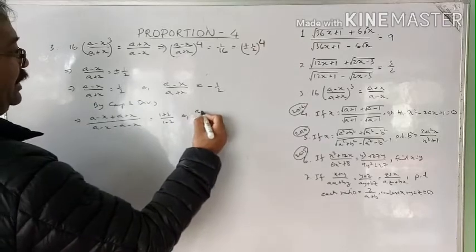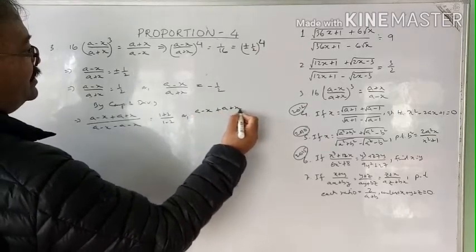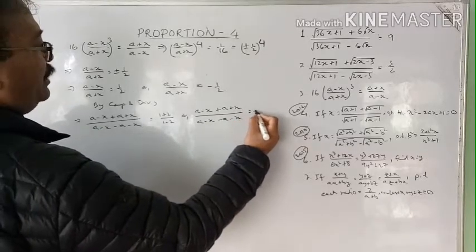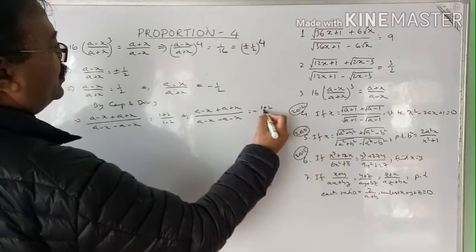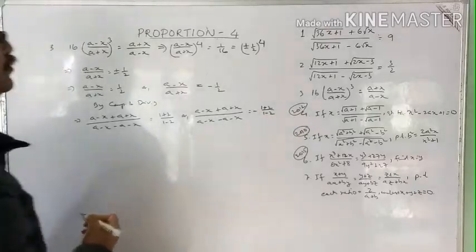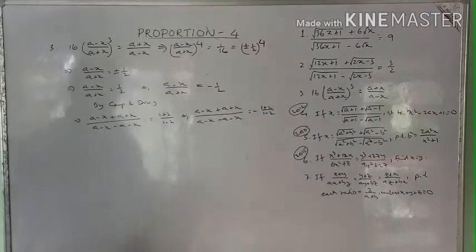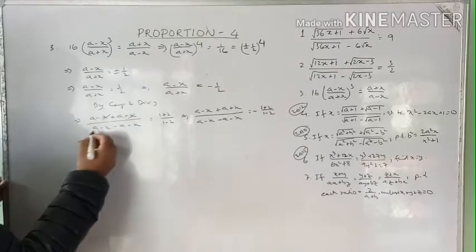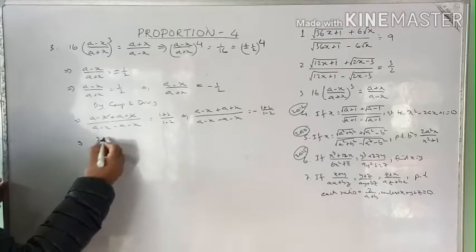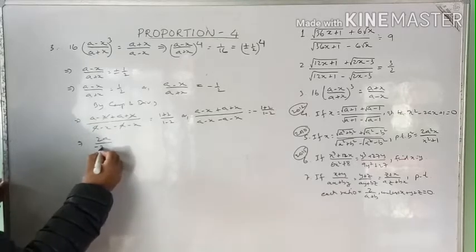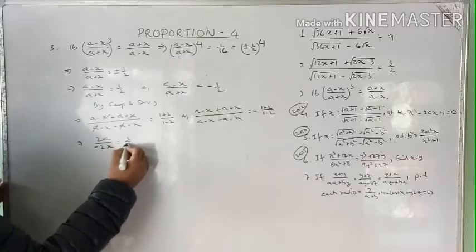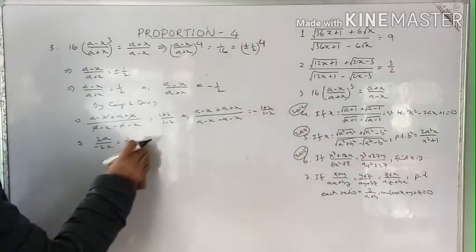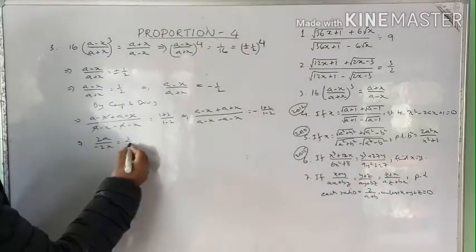Or here, a minus x plus a plus x over a minus x minus a plus x, equal to, minus is here, you get 1 plus 2 over 1 minus 2. So what we get here, x will get cancelled, so you get twice a, and here a will get cancelled, minus 2x, equal to 3 by minus 1 you get.